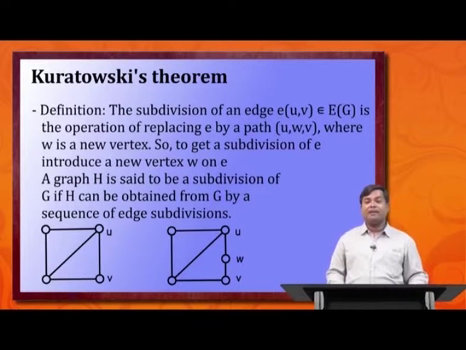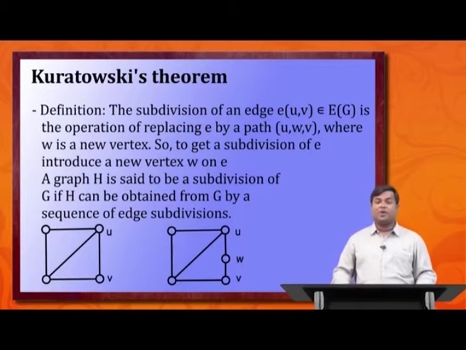If you look into the diagram, on the left-hand side we have a graph and E is an edge, say between U and V. We have added one more vertex between U and V, that is W, and we have deleted the previous edge UV and connected U to W and W to V. So we get a new graph, which we have created from the previous graph using the subdivision process.